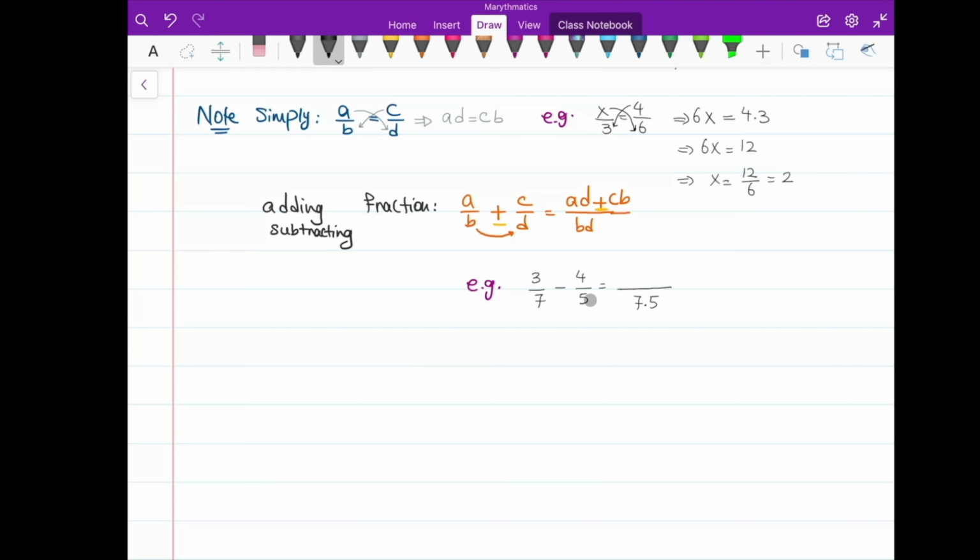And then I'm going to do the cross multiplication: 3 times 5 minus 4 times 7. Let's simplify it and see what we got. So 3 times 5 is 15, minus 4 times 7 is 28. And then I have 7 times 5, which is 35. So I get negative 13 divided by 35. 13 is a prime number, and 35 doesn't have a factor of 13. That's why I cannot simplify it further.